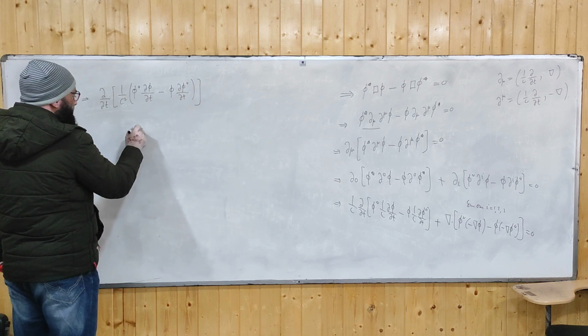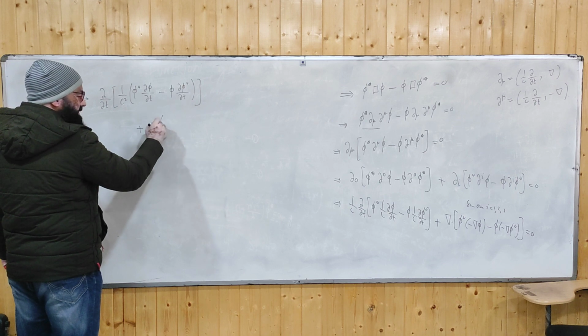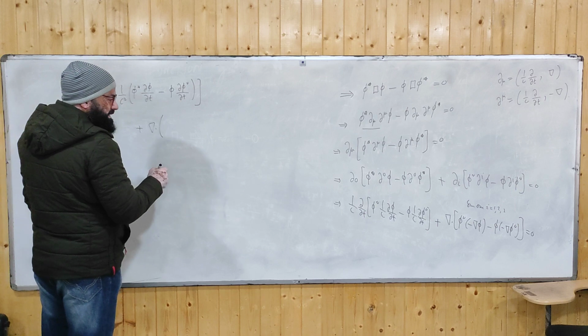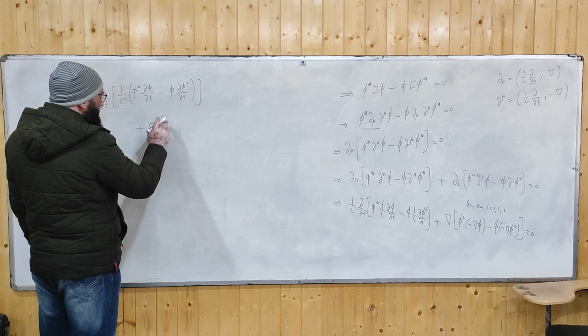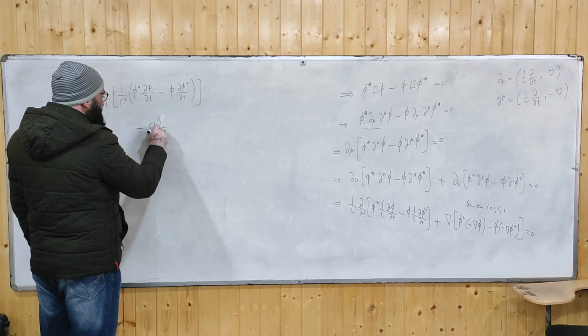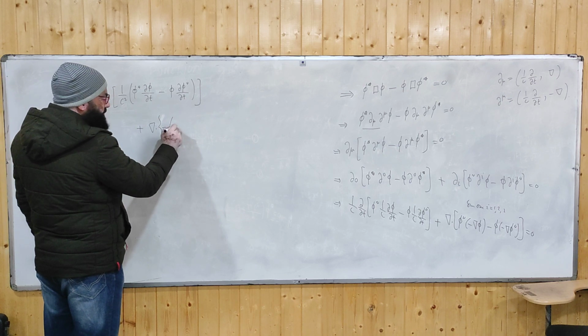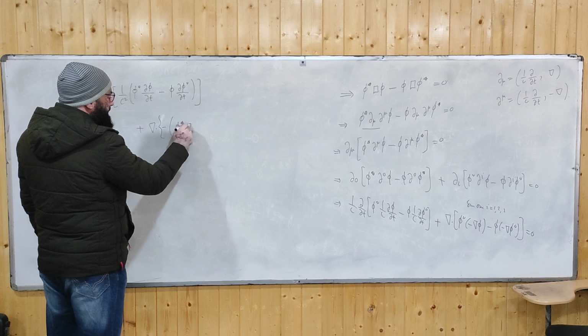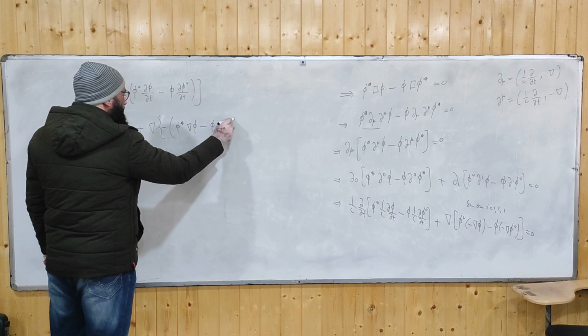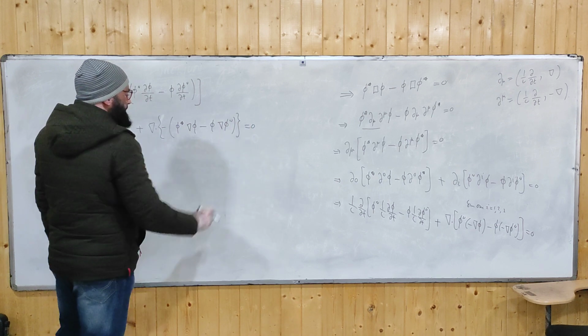Then what you can write, this divergence of this very object. Okay? Let's put it. So it is minus times. Okay, let me write it. Minus times ψ* nabla ψ minus ψ nabla ψ*. Okay? So this is equal to 0.